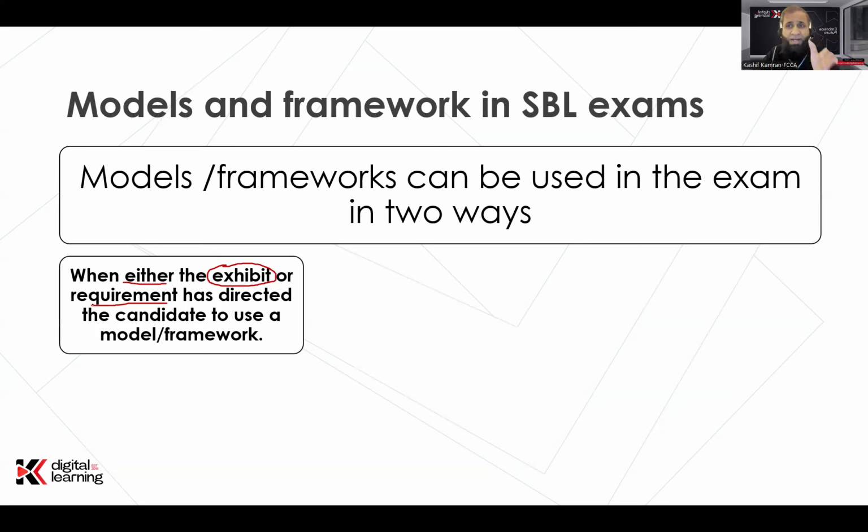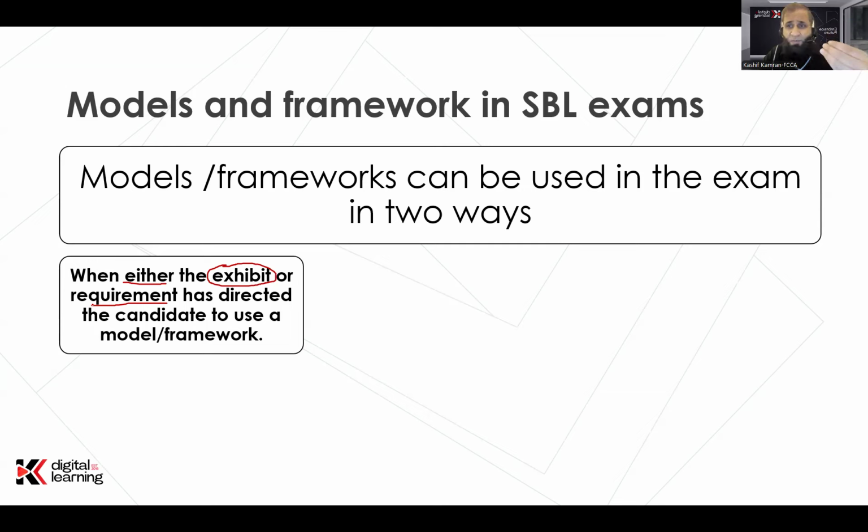So at times you get a hint in the requirement and no hint in the exhibit, or at times you get no hint in the requirement and you get a hint in the exhibit. So you need to be very specific about ensuring that the requirement and exhibits are read well to understand whether there is a specific application of a model or not.